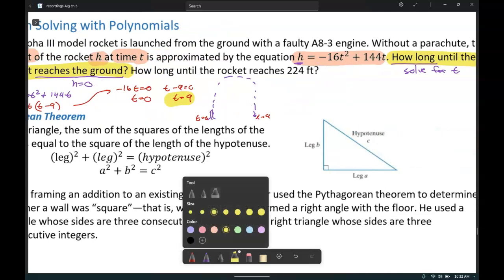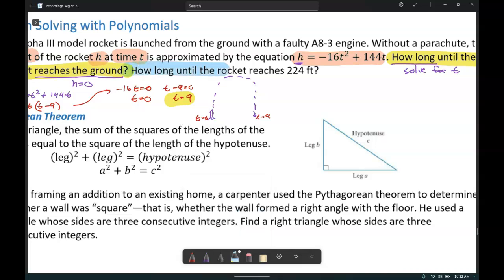Next, we want to answer the second question, which is how long until it reaches 224 feet. Now, like the previous example, we're solving for time, but this time we're looking for the height of 224. So we substitute height with the new value, write our equation in standard form. Let's pull 16t squared to the other side.